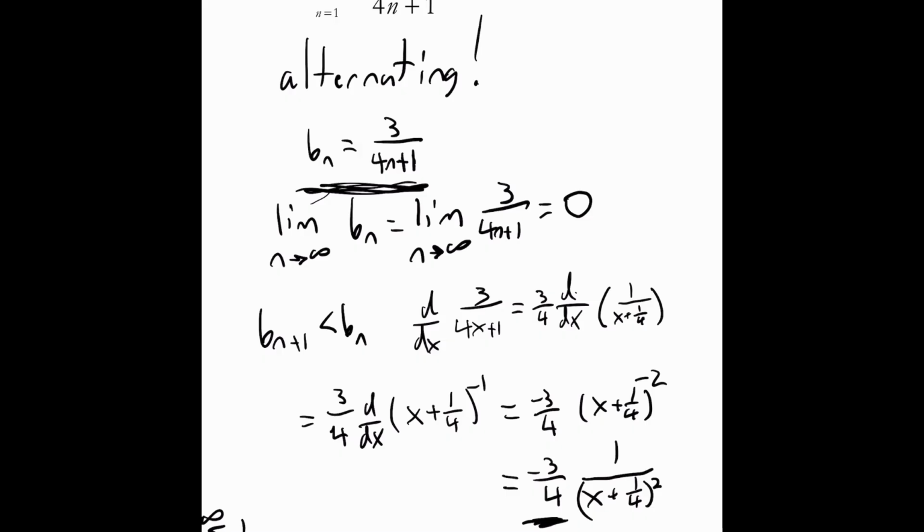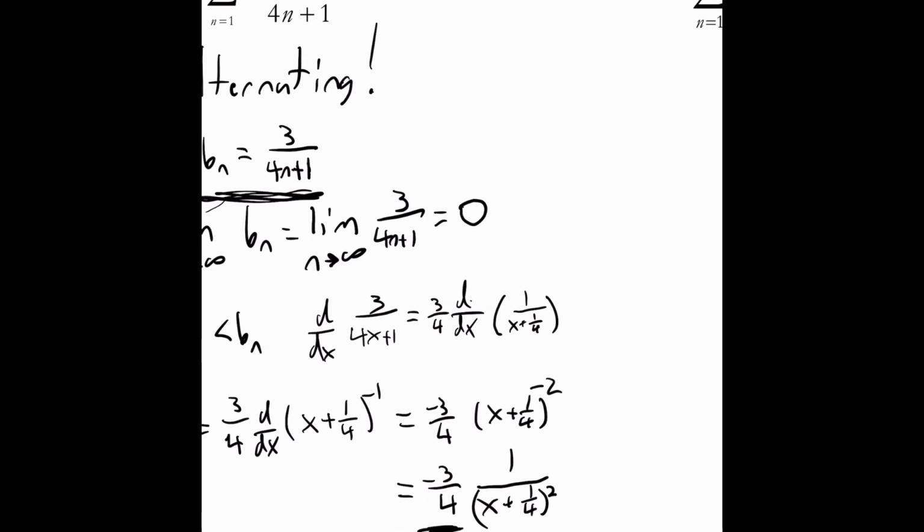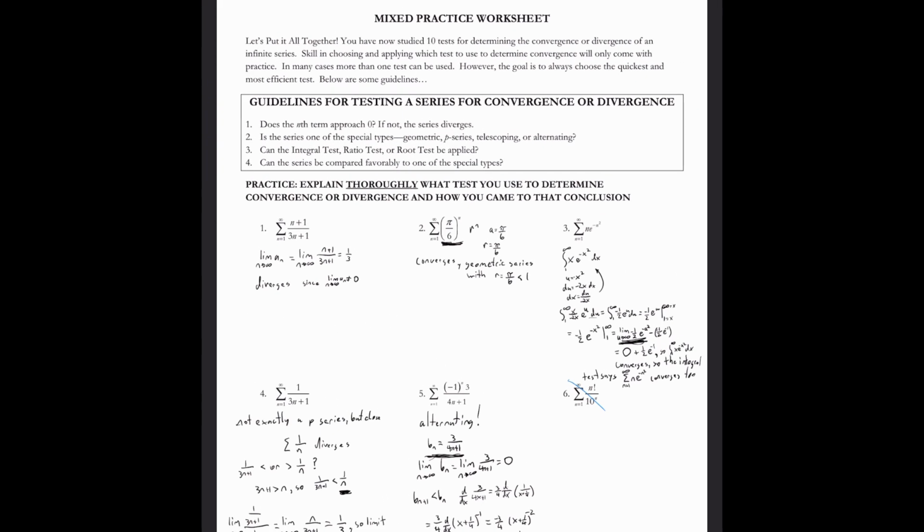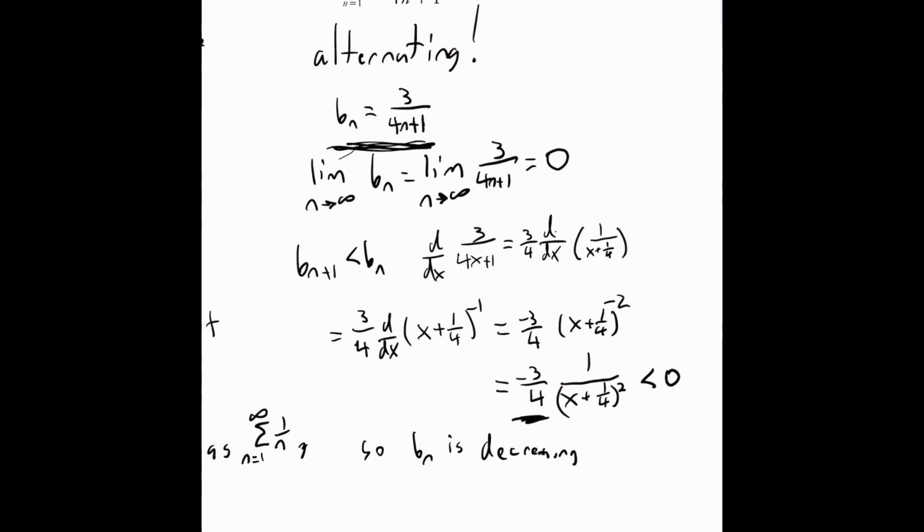So bn is decreasing. So the alternating series test says our series converges.